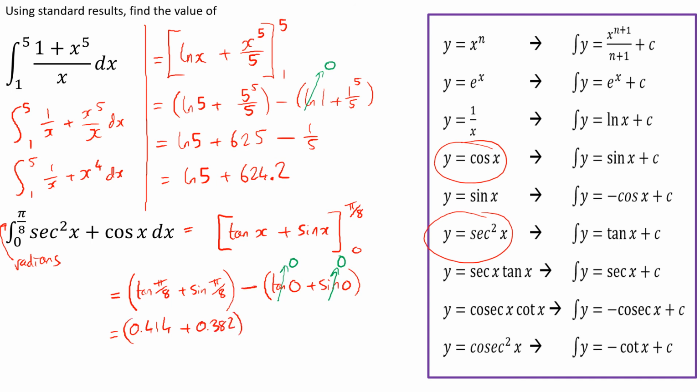Should be a minus, by the way. Take away 0, so our overall result is 0.79. Ooh, looks like it rounds up to 0.797. So there you go. Make sure you look at your standard list. If you've got any numerators, try and split them up, and just make sure that you're not assuming there's an equivalence of differentiation rules that you haven't seen yet.